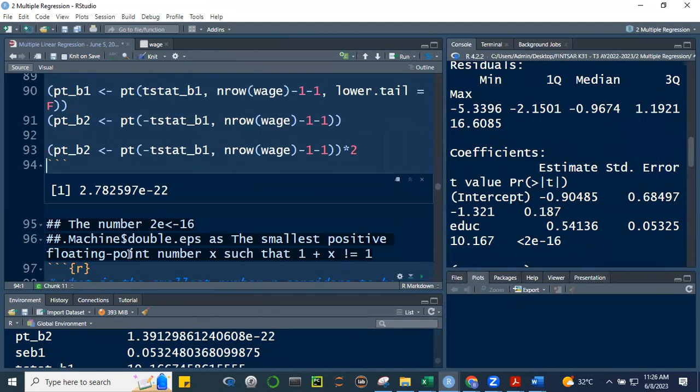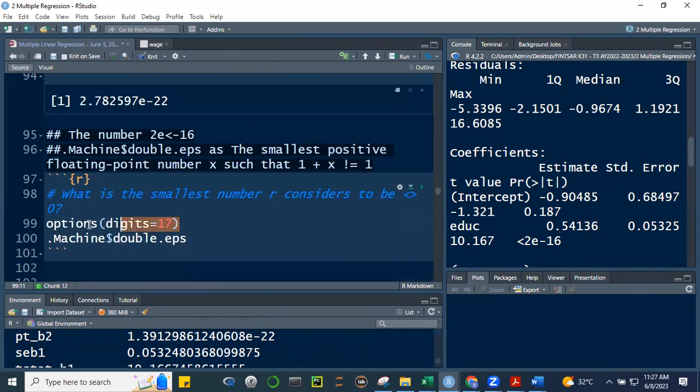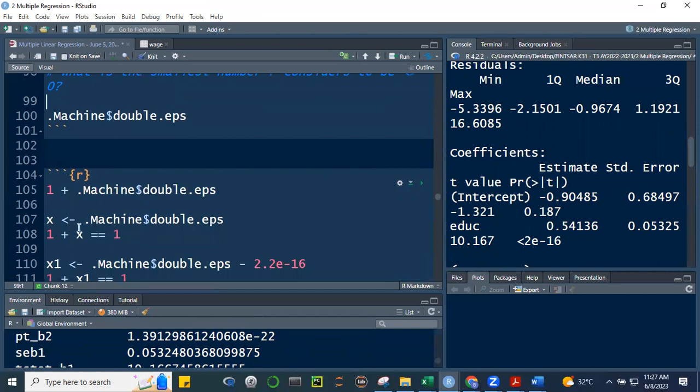Okay, so we said that that number, 2e to the negative 16, is the smallest positive floating point number. So it's the smallest non-zero number. Anything lower than this will be considered as zero. And how did we prove that, class? I'm creating here a number called X, which is machine $double.eps.